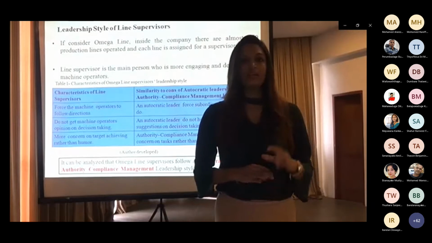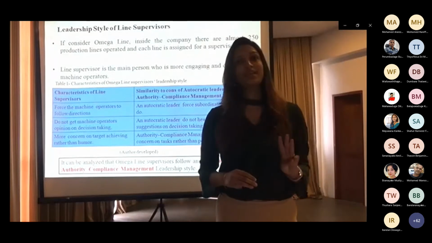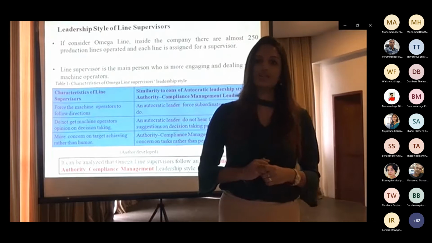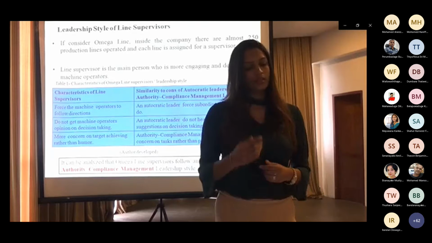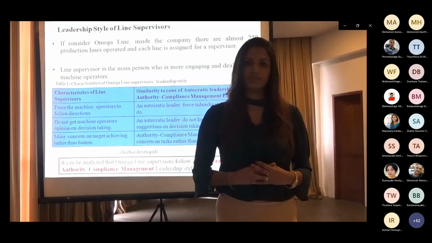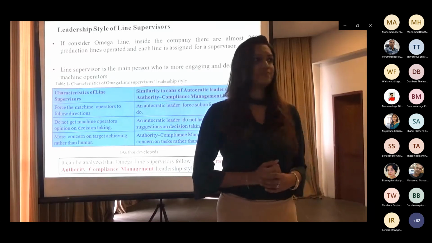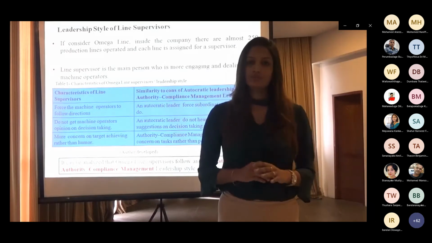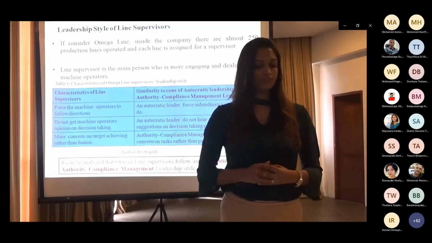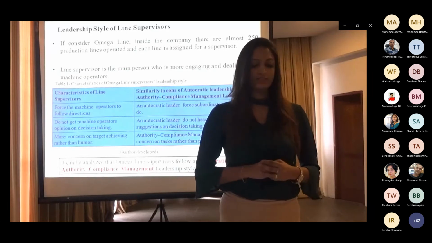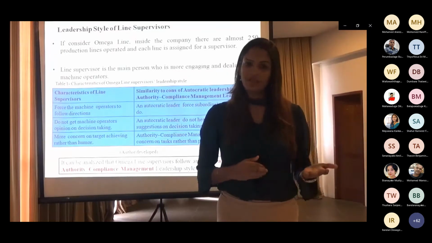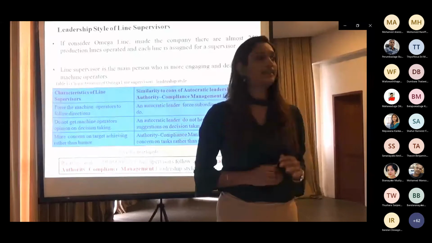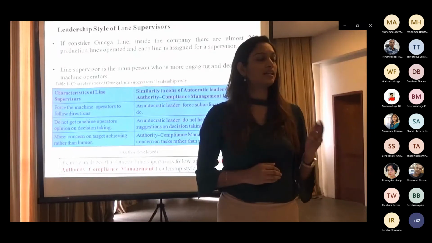We have identified three main characteristics which are similar to autocratic or authority compliance leadership management. Number one, Omega line supervisors force the machine operators to follow directions. Autocratic leaders also tell people what to do. Number two, Omega line supervisors do not get machine operators' opinions on decision making. Even autocratic leaders do not expect opinions from their subordinates.